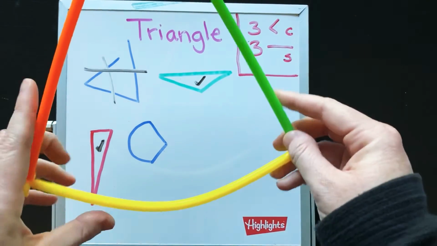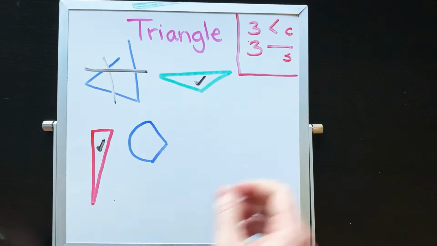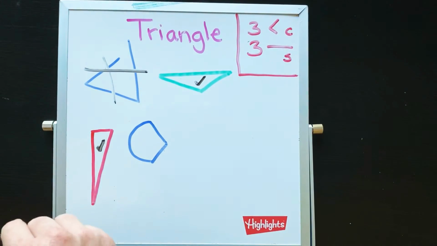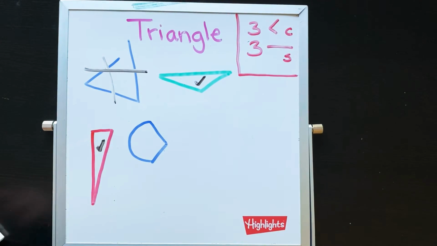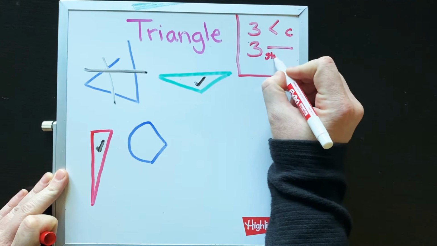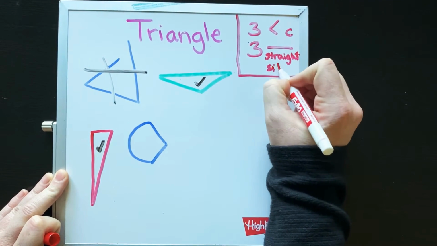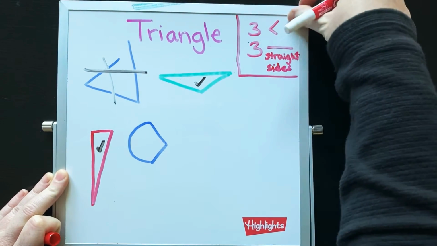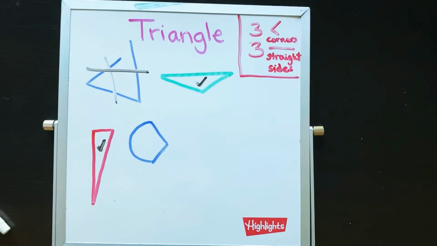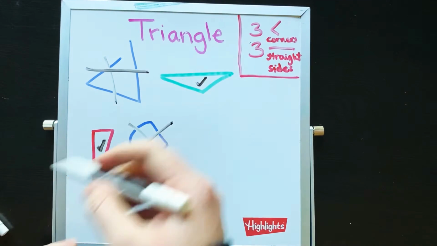And I said it has to be straight lines to be a triangle. So I'm going to go up here, and instead of sides, I'm going to write, how should we change it? I'm going to say straight sides. Okay, and this one I'm going to write out corners. Corners. Okay, so now it says straight. So now we know this is not a triangle.